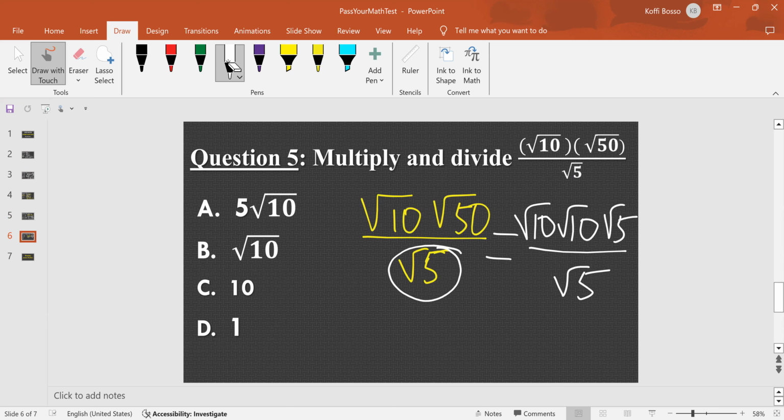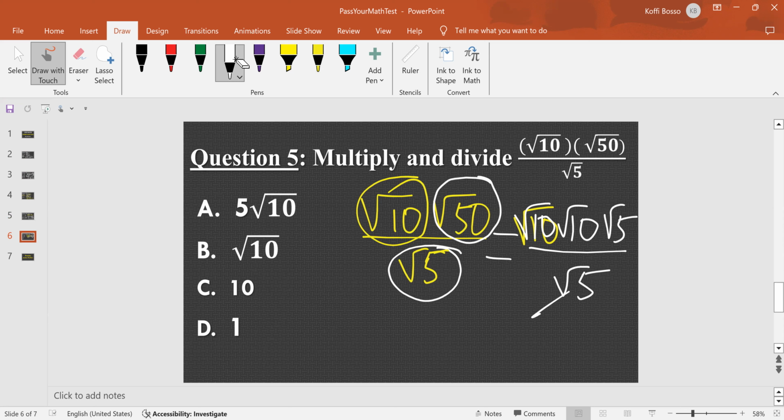Let's explain it. The first square root of 10 is this square root of 10 here. Now, the other square root of 10 and the square root of 5 are from square root of 50. We know that 50 is the same as 10 multiplied by 5. So I have a square root of 10 multiplied by square root of 5.